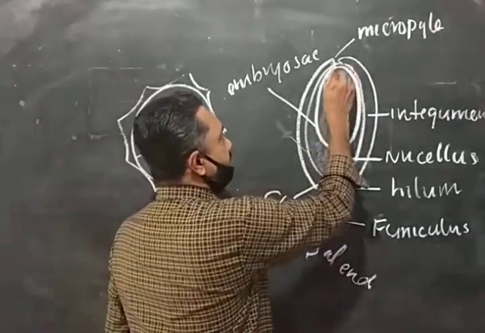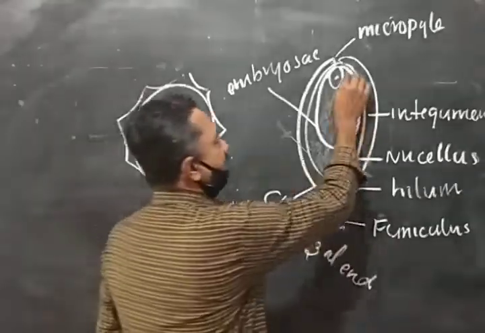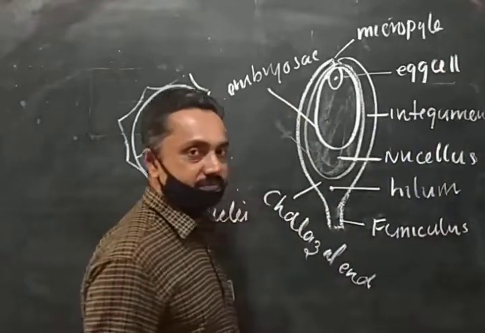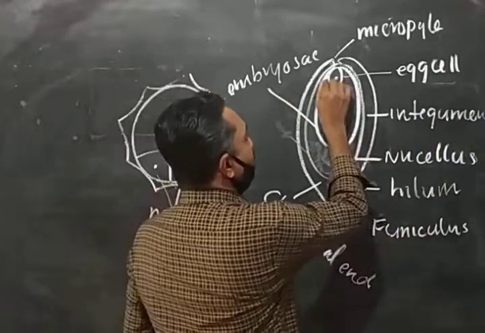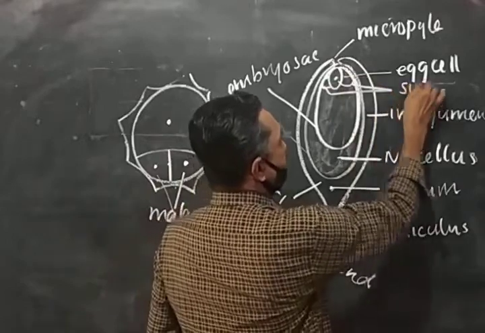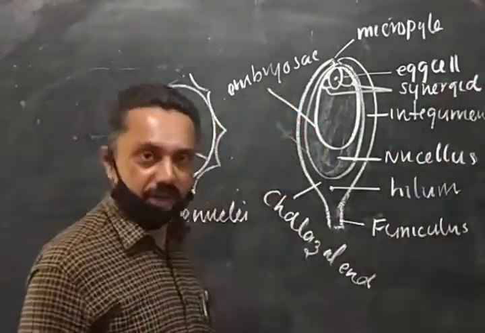Inside there is a central large cell. This central large cell is called the egg cell or female gamete. On either side, two cells are there, called synergids.